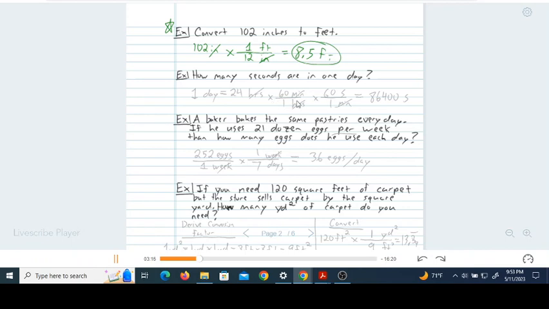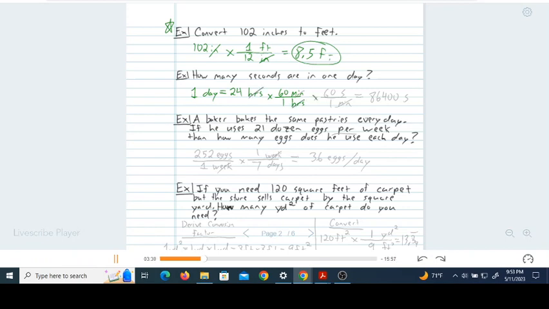Cool. How many seconds are in 1 day? So 1 day. So we can use a conversion factor. Well, we don't have to use a conversion factor. We know 1 day is 24 hours, and then we can convert from there. So if we want to cancel hours, we'll put hours in the denominator, minutes on top. So 60 minutes per 1 hour.